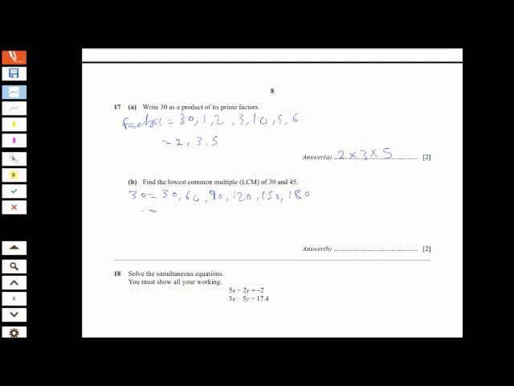Same goes for 45: 45, 90, 135, 180. Alright, now find the common numbers between these two. So 90 is common in both. 180 is also common. But then they want the lowest one, so 90 is the answer. The lowest common multiple is 90.